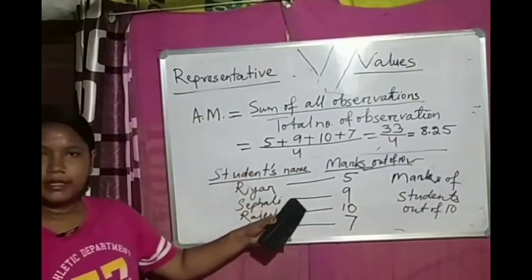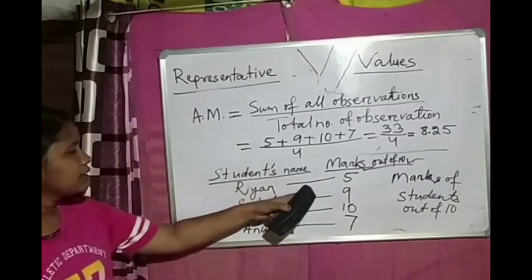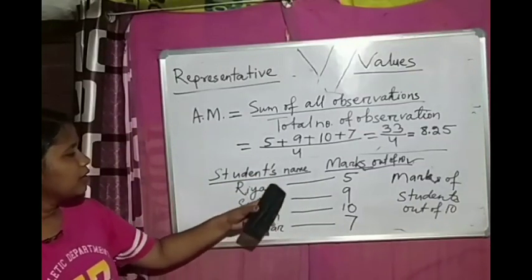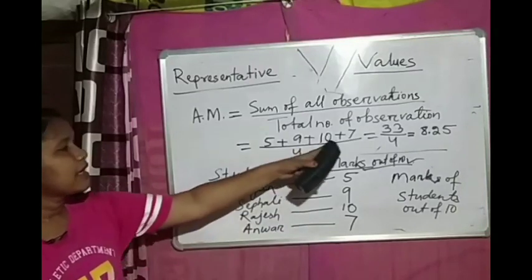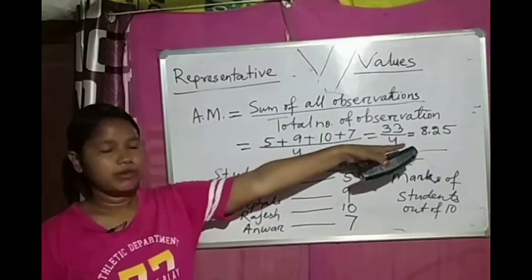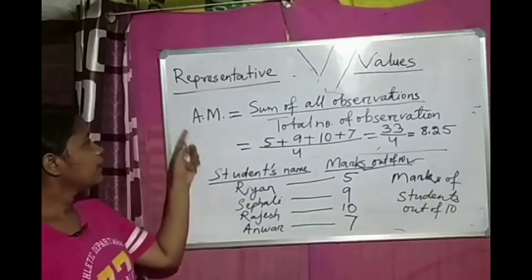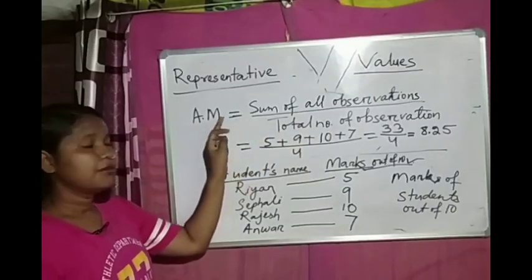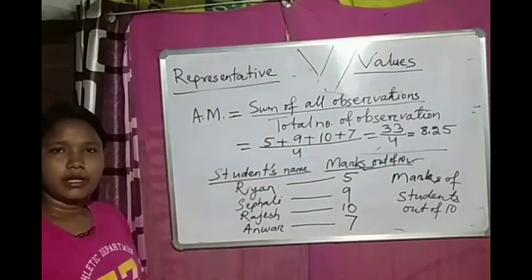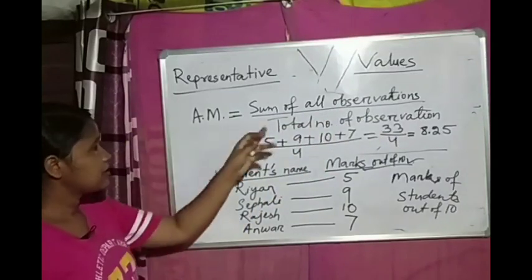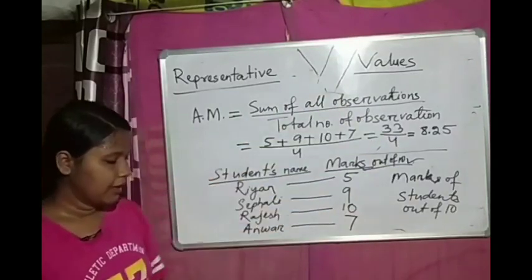So the arithmetic mean of the marks of students is how much? 8.25. So like this you can find the arithmetic mean. So arithmetic mean is the sum of all observations by the total number of observations. So this is also one representative value.